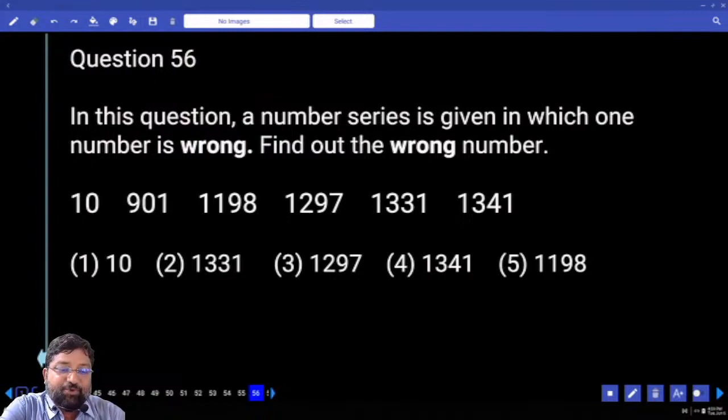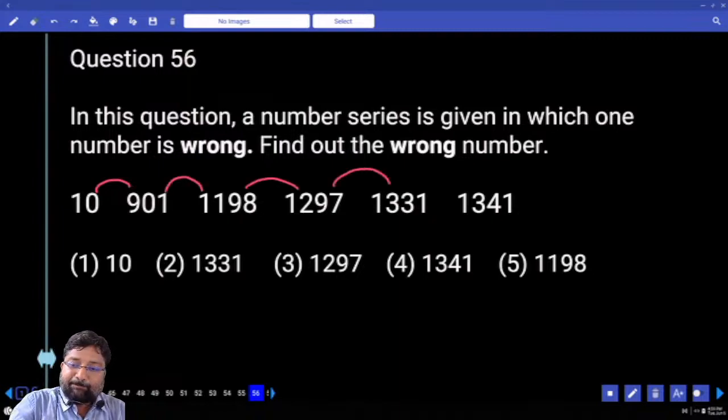What cube? Where is the cube? Where are the cubes? Except for one cube, I can't see another cube there. Tell me the differences. Shall I go with the differences? Please tell me what the differences are. 10 and 901, what is the difference between those numbers? 891.